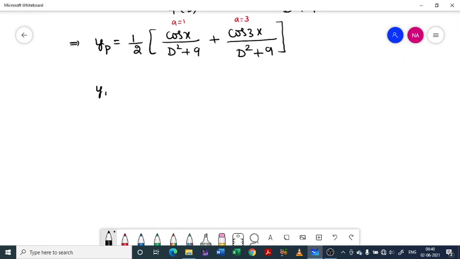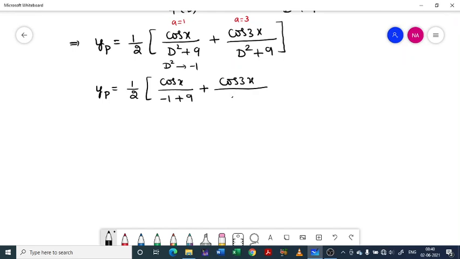So you have to note that, then 1 by 2 times of cos x divided by, you are changing D square to minus 1 plus 9, plus cos 3x divided by, you get denominator 0 if you replace D square by minus a square.